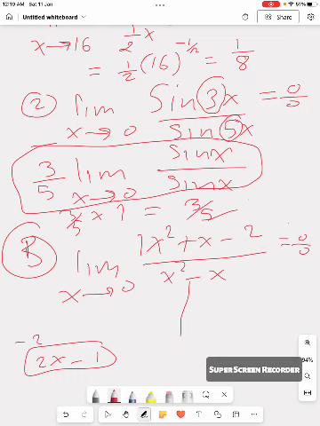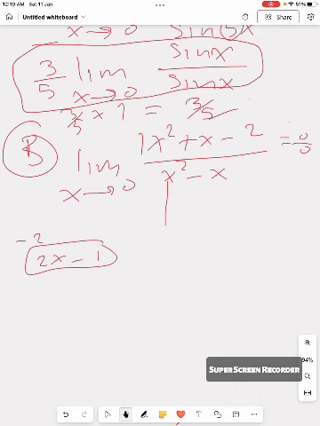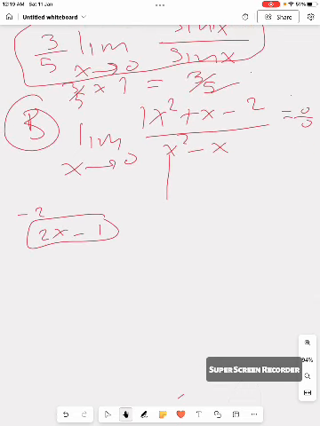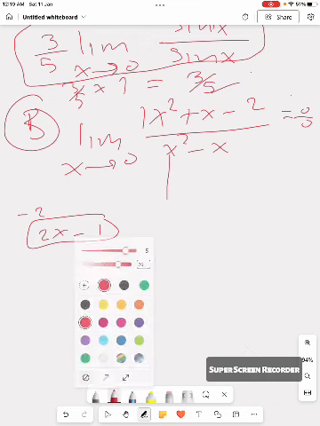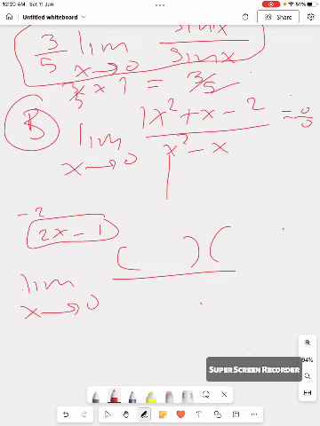So limit as x approaches 0. So we are using open bracket, so we'll use this 2 and negative 1.